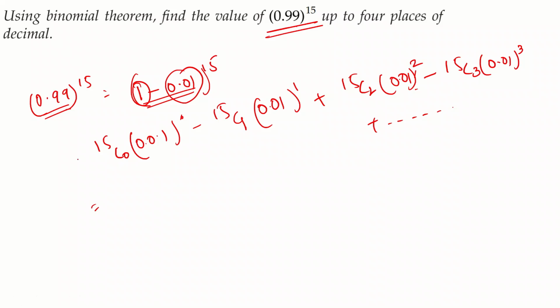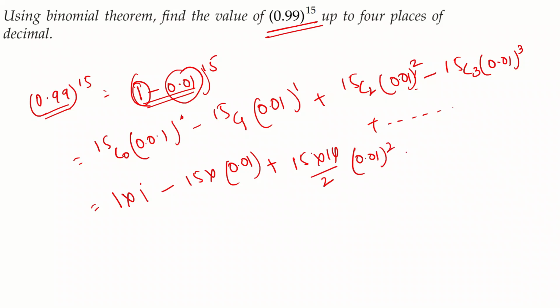Let's simplify these. 15C0 is 1, into (0.01)^0, so this entire thing is also 1. Minus 15C1, which is 15 into 0.01. Plus 15C2, which is 15 into 14 divided by 2 factorial, into (0.01)².